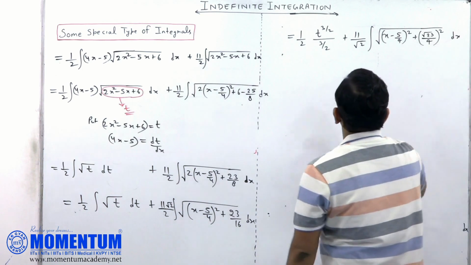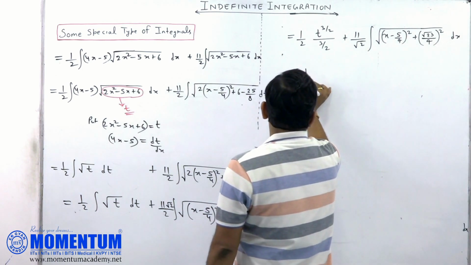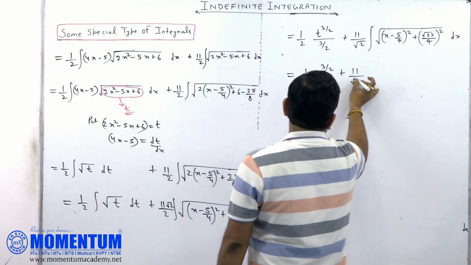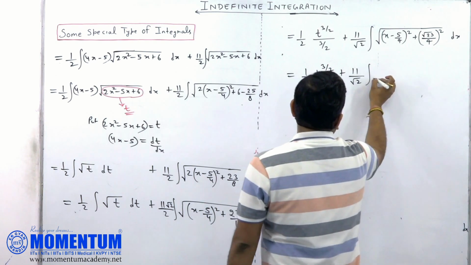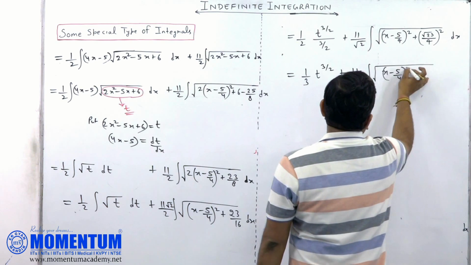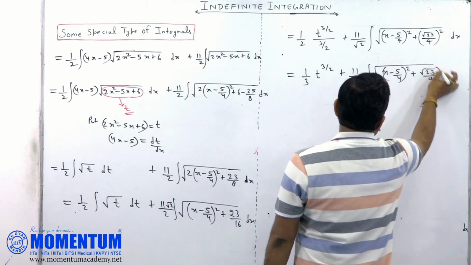Yeah. So now it is 1 by 3 t raised to the power 3 by 2 plus 11 by root 2 integration of root over x minus 5 by 4 whole square plus root 23 by 4 whole square.